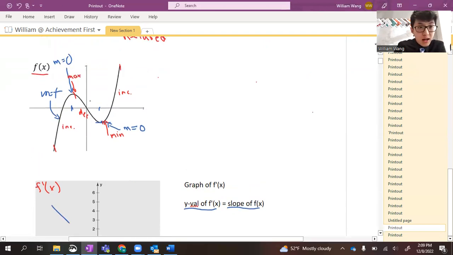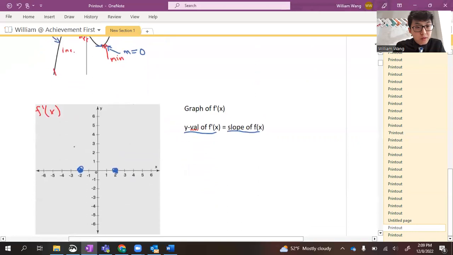And other information I know is that my slope actually goes from positive and it eventually becomes 0, right? My slope eventually becomes 0. You can see because my slope is positive, then it goes to 0. So I'm going to reflect that here. My y values are positive and they slowly become 0.